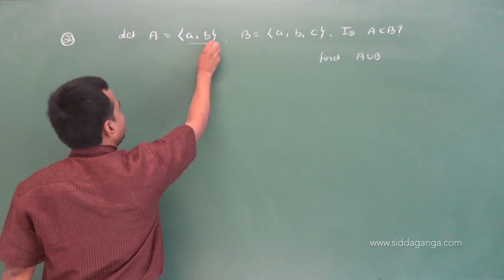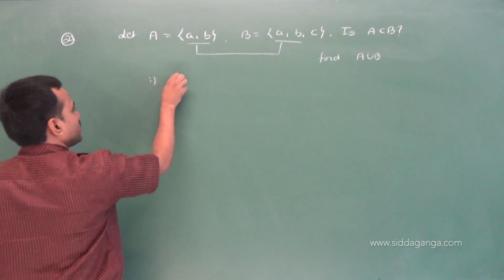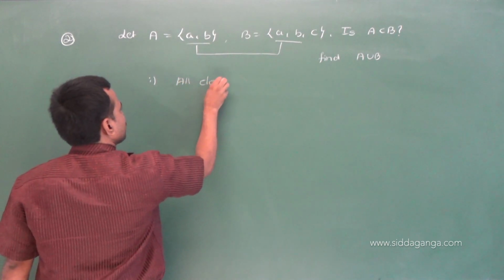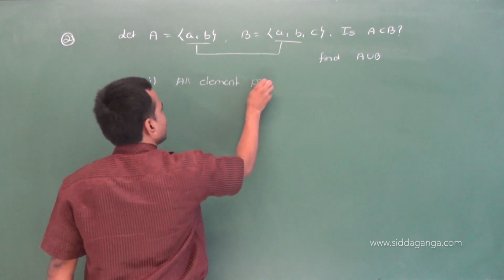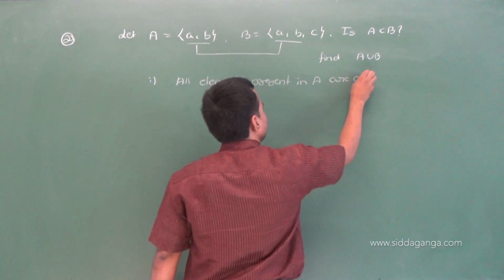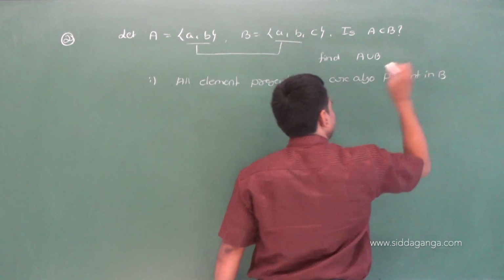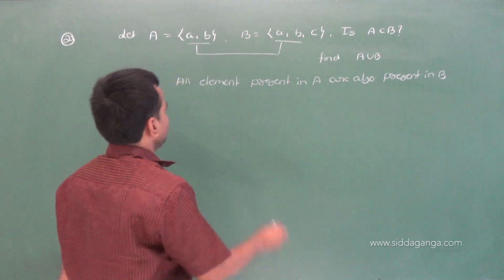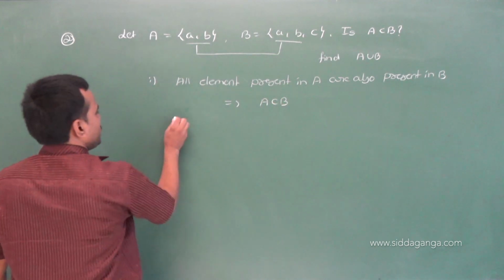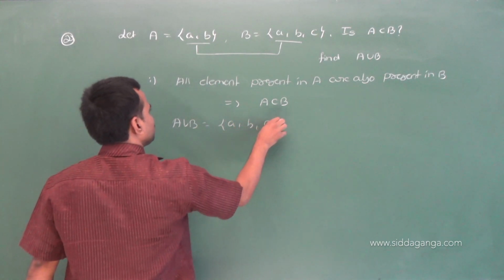Observe here, all elements present in A are also present in B. Hence, we write one sentence: all elements present in A are also present in B. That implies A is a subset of B. A union B is nothing but {A, B, C}.